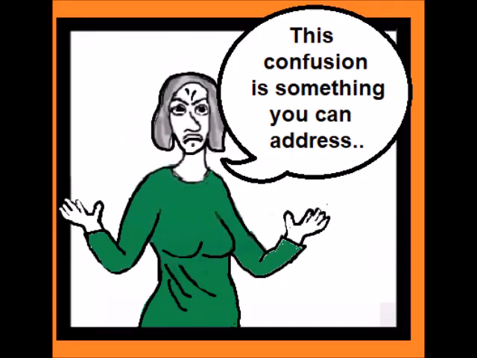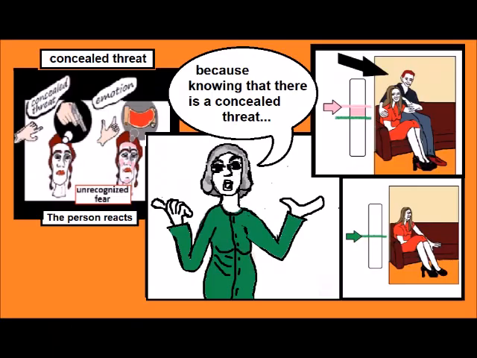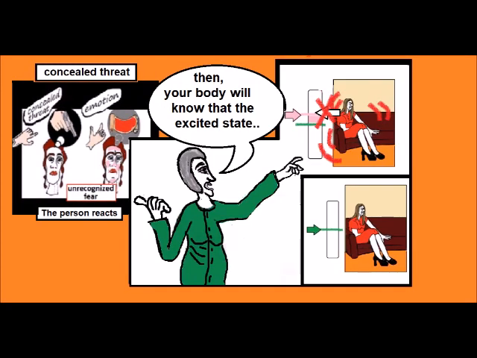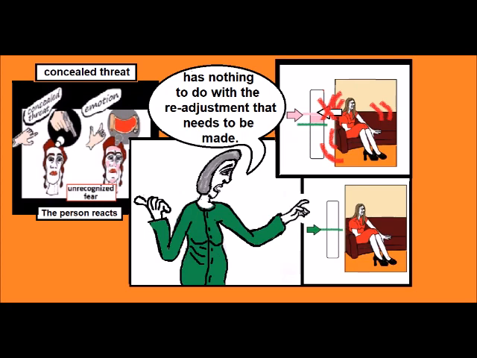This confusion is something that you can address, because knowing that there's a concealed threat and that there is an excited state associated with that threat because of your reaction, then your body will know that the excited state has nothing to do with the readjustment that needs to be made.